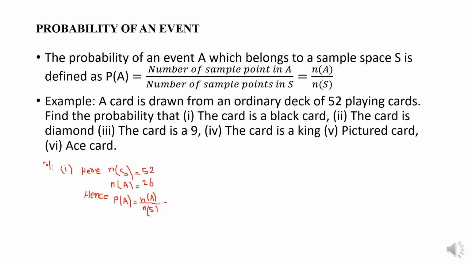So there are 26, which is the number of A cards, or the black cards, divided by 52. So the final answer is 1 by 2.